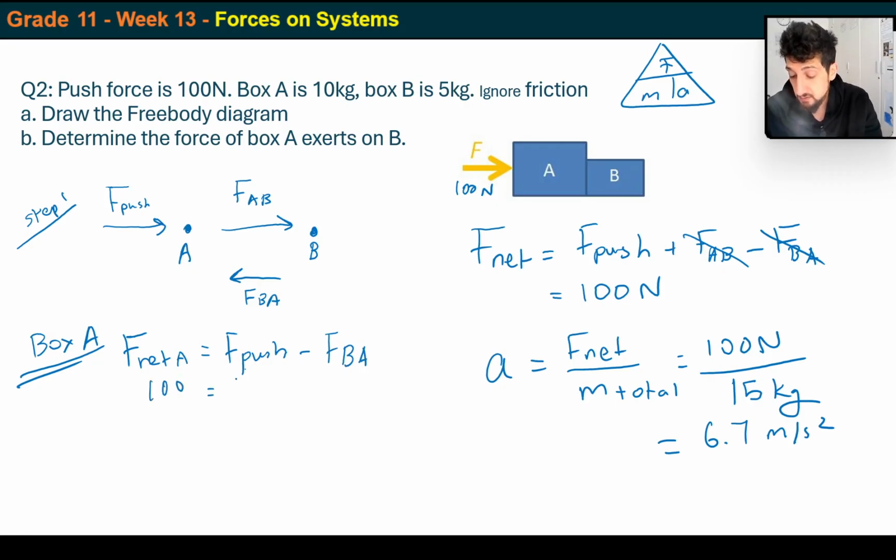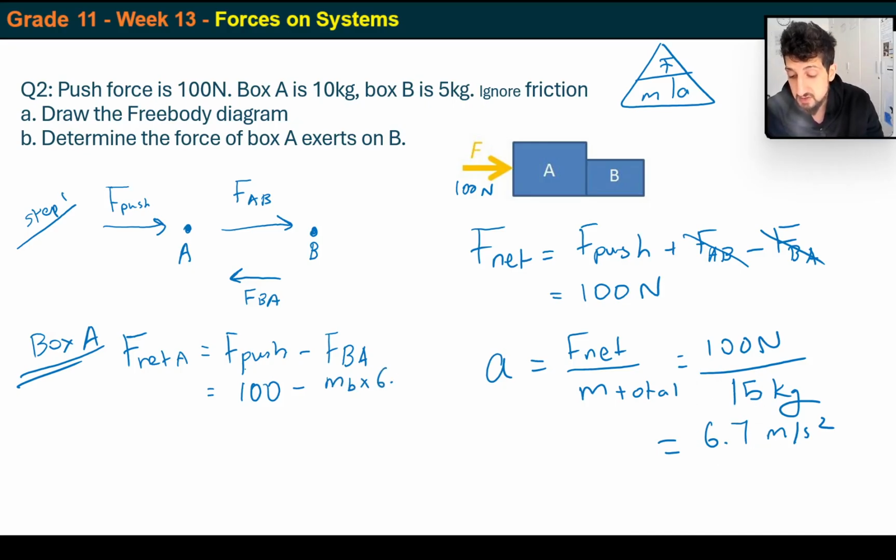F net equals 100 minus FBA. Now, how do I determine FBA? Well, I know what the mass of B is. It's going to be 5 kilograms, and I know what the acceleration is, which is 6.7. So I can work it out.